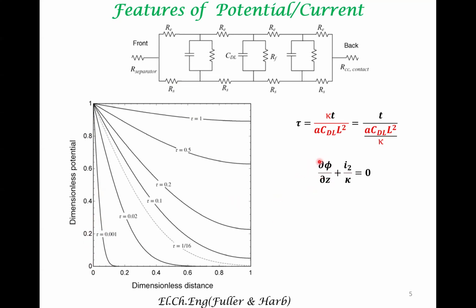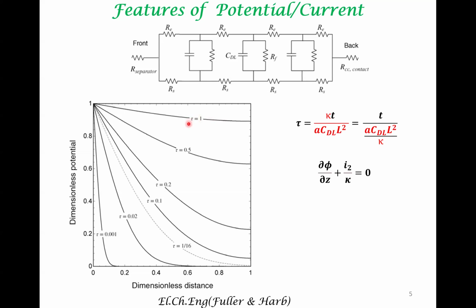Because the potential drop is the one that is contributing to the current, the capacitor current will be present only in one part of the capacitor, and the rest of the capacitor is not at all utilized. So to adequately utilize the entire length of the capacitor, you need to have a potential drop across the entire length of the capacitor. For you to have that, you have to have tau as a large quantity compared to this quantity.